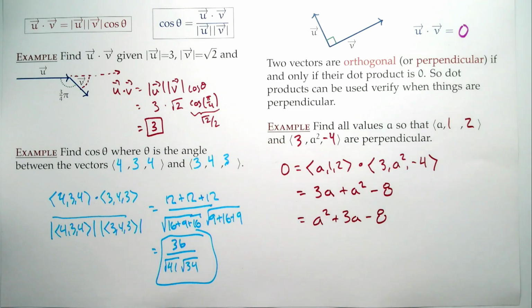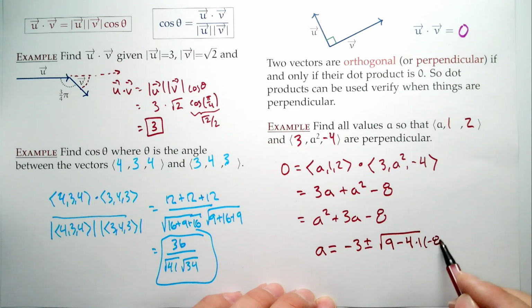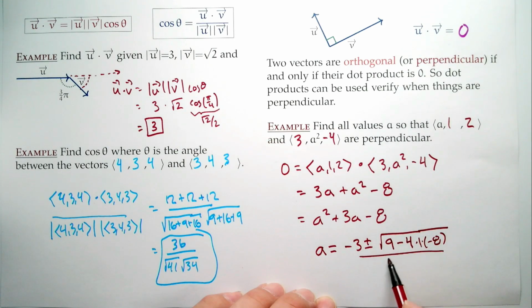Now, if we were lucky, this would factor. I don't think we're lucky this time. But what can we do? Yeah, we can use a formula for it. You know, at least once or twice in the semester we should use the quadratic formula. So A is equal to the negative of the coefficient in front of this term, so negative 3, plus or minus the square root of our 3 term squared, 9, minus 4 times 1 times negative 8, all over 2.